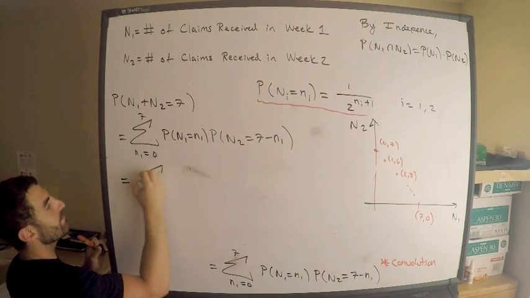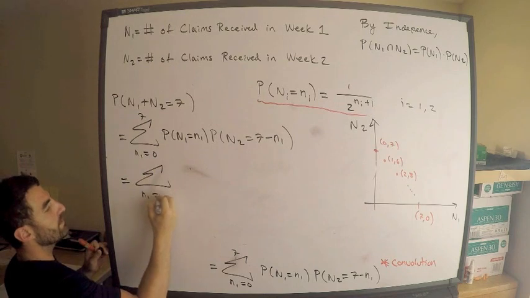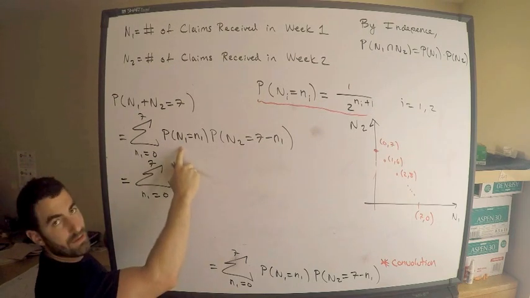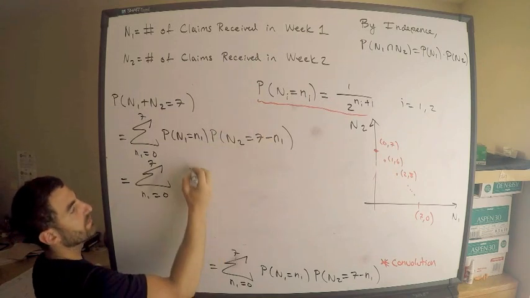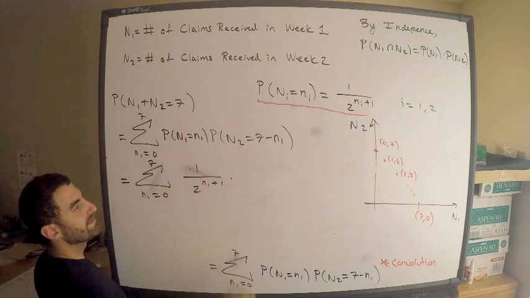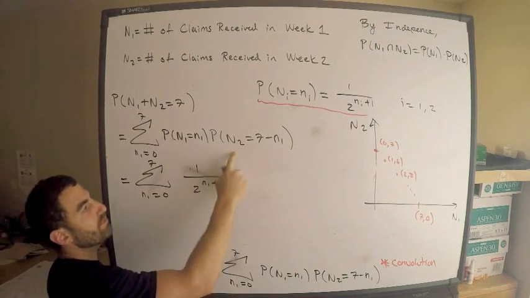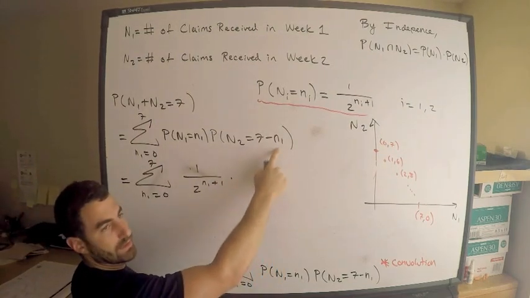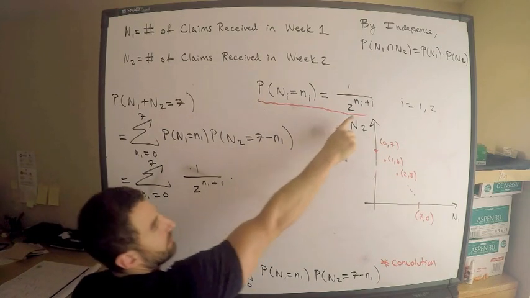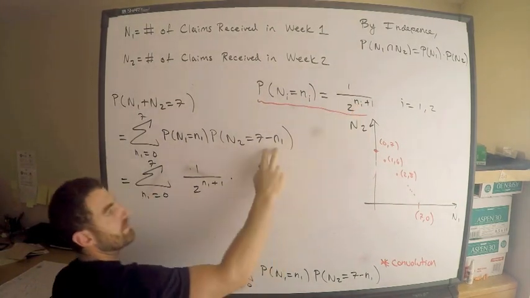This is the sum n1 equals 0 to 7. Probability n1 equals n1 is just the mass function alone, so 1 over 2 raised to the n1 plus 1, times probability n2 equals 7 minus n1. So not much going on. I'm just going to replace the variable here with this business right here.